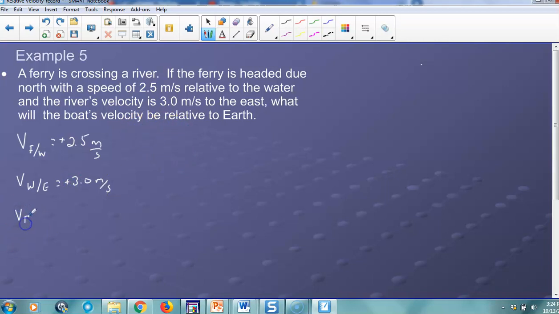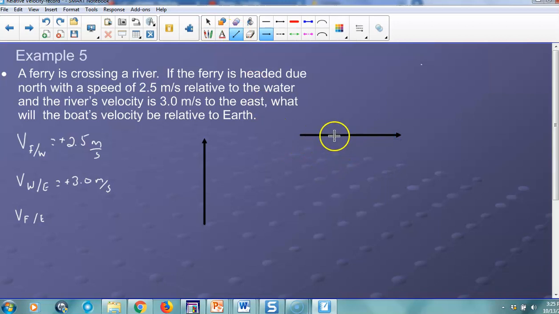So velocity of ferry to Earth. Okay, on the floor we'll sketch some vectors here. So we've got the ferry headed north at 2.5, and then we've got the river headed east at 3. Alright, so we want to add those together, or do we?